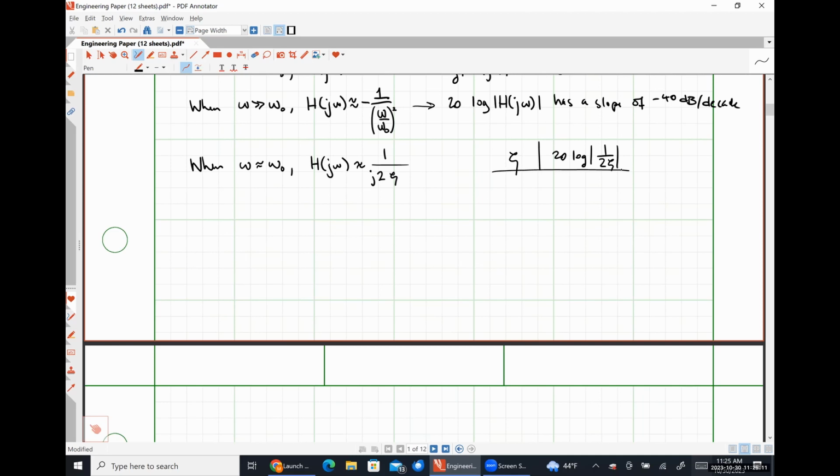So when zeta is equal to 1, we have 20 log of 1/2, right? 20 log of 1/2 is negative 6.02 decibels.